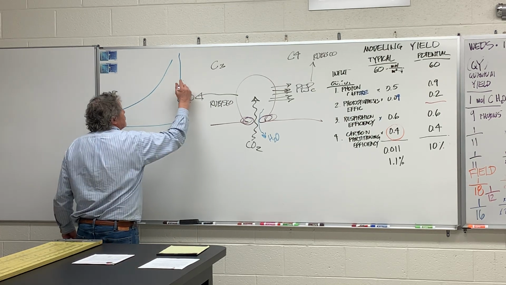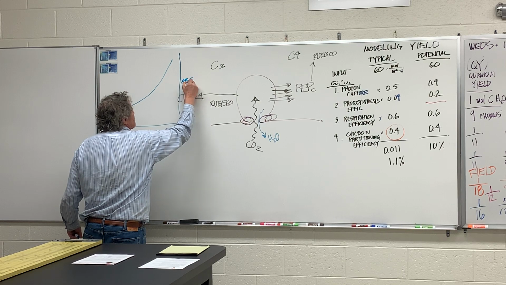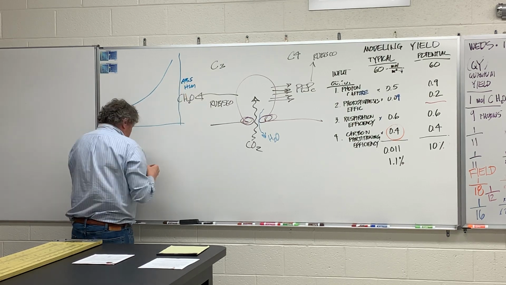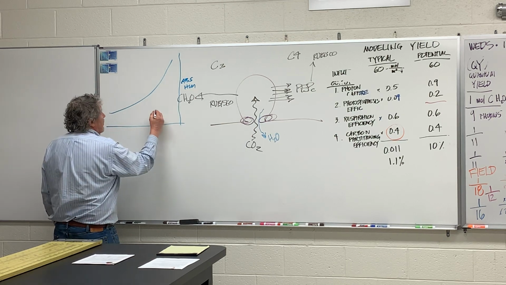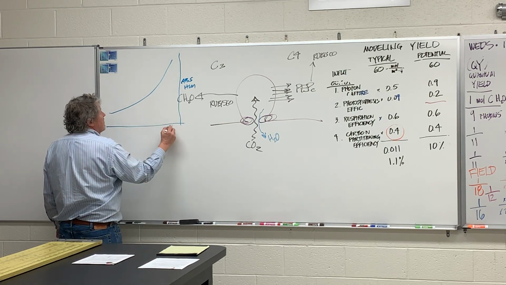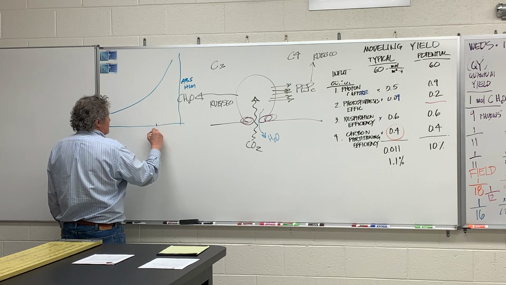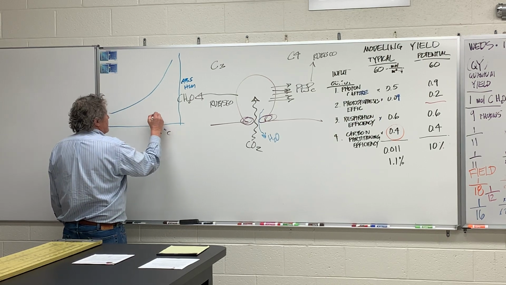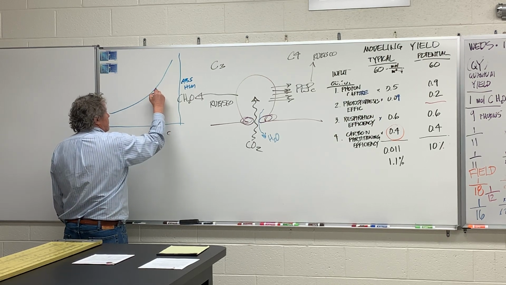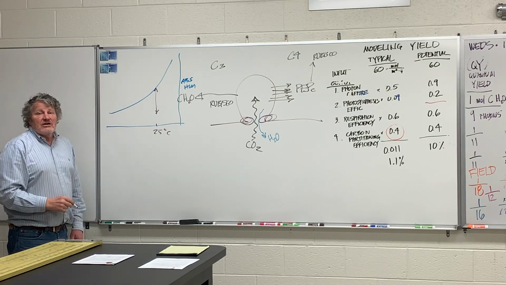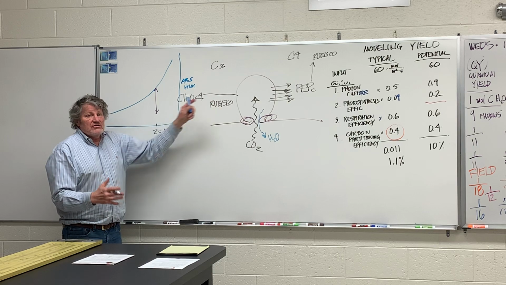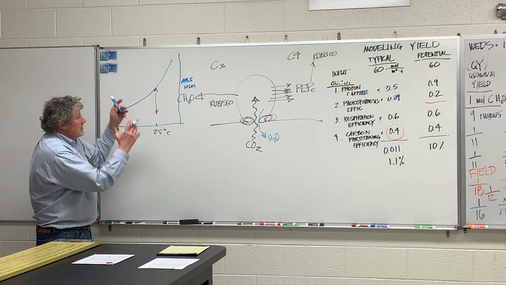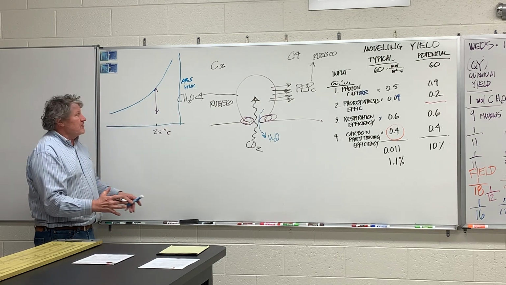And here's absolute humidity, ABS, humidity, and as you know, here's daytime. Let's say this is 25 degrees C, and here's the vapor pressure deficit for daytime. This is what both C3 and C4 are working against, a huge vapor pressure deficit.